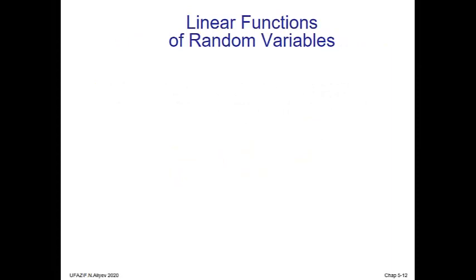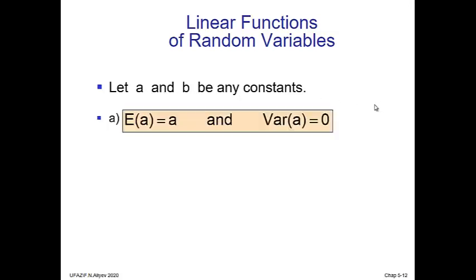We talk about the function of x, yes? Now we can talk about the case, for example, of the linear function. Suppose that we have a, b, which are constants. Then the expected value of a constant is equal to a, because it doesn't change, it's understandable. And the variance of a constant is 0.